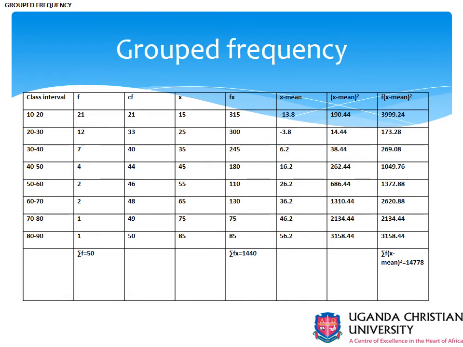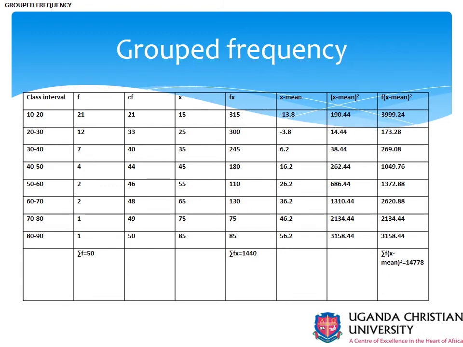If you were looking for the mean deviation of grouped data, then we would still end on this column, the column where we have x minus mean. We would find the absolute summation of all these values in this column, and we divide by the number of observations that we have. So we will divide the summation of the deviations by 50, and that would give us the mean deviation.